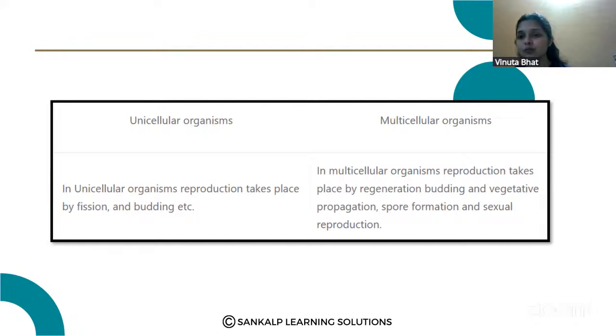But in multicellular organisms, reproduction takes place by regeneration, budding, vegetative propagation, spore formation, and sexual reproduction. So these are the different types of reproduction found in multicellular organisms, and only a few types of reproduction are found in unicellular organisms.